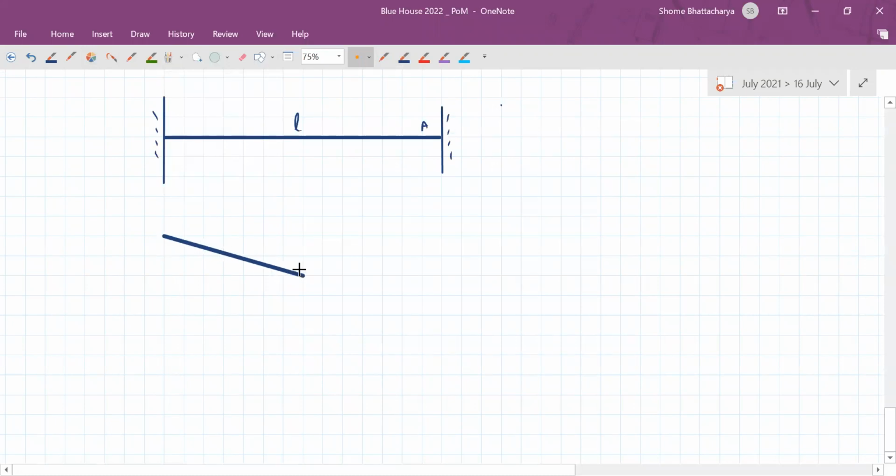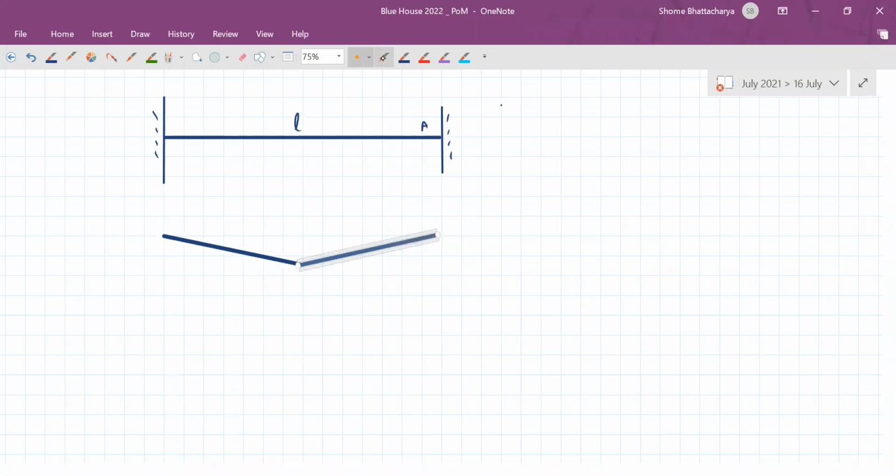I'm showing a very exaggerated picture, but assume that actually it bends by a very small angle. One way of saying that it bends is that it sags.